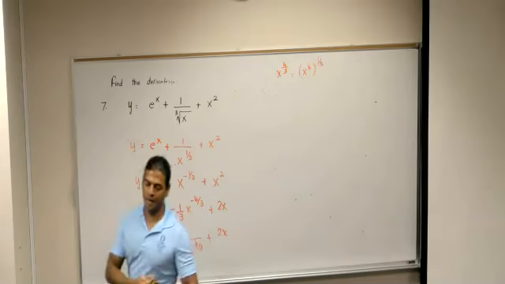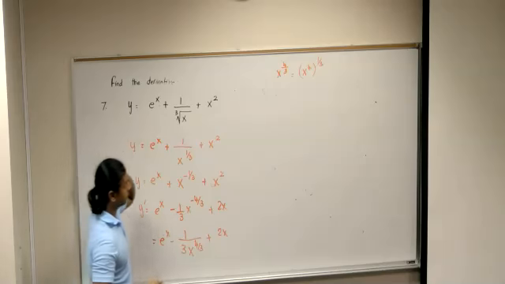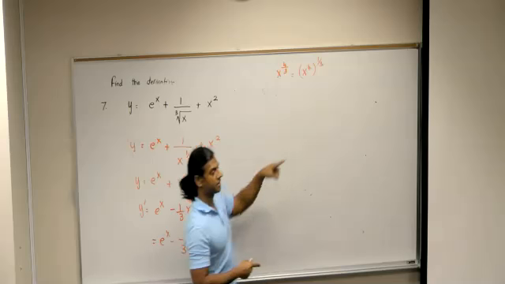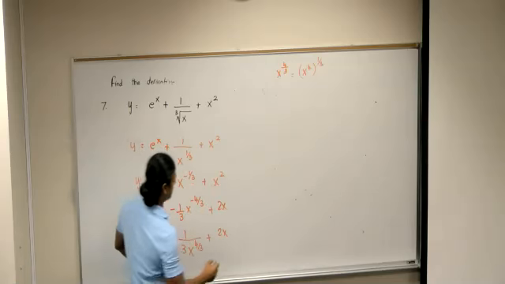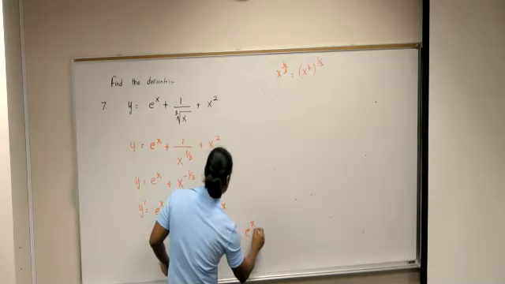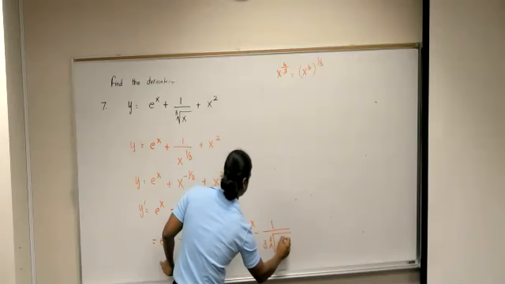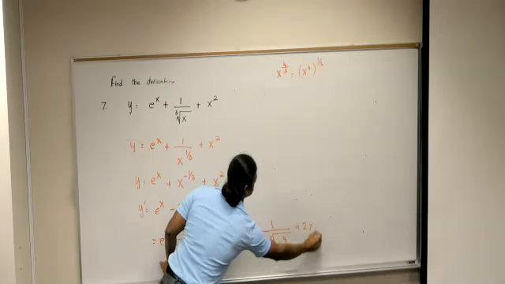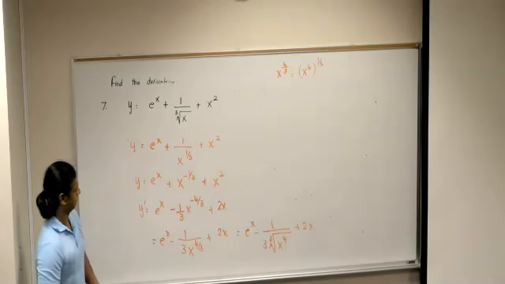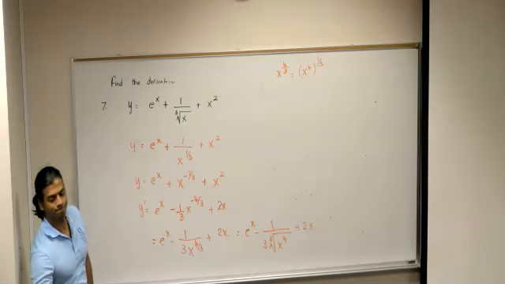We know if the exponent is 1/3, it is the third root. So we will have e raised to x minus 1/3 times the third root of x raised to 4, plus 2x. Cube root. Good.